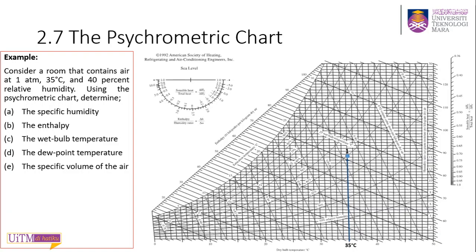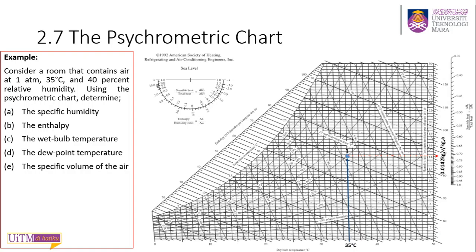The first property is omega. We draw a horizontal line to the y-axis on the right, a straight horizontal line, and this line must be parallel to the nearest line. Lukis garisan yang selari dengan garisan yang paling rapat dengan dia.